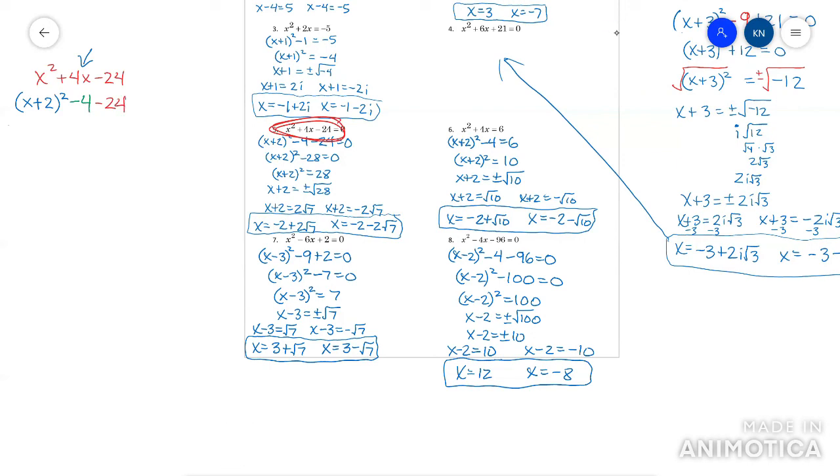If you took this x plus 2 squared and you FOILed it out, you would have x squared plus 2x plus 2x plus 4. Then you would have this minus 4, minus 24, etc. Well, look at your original. You had x squared plus 4x.